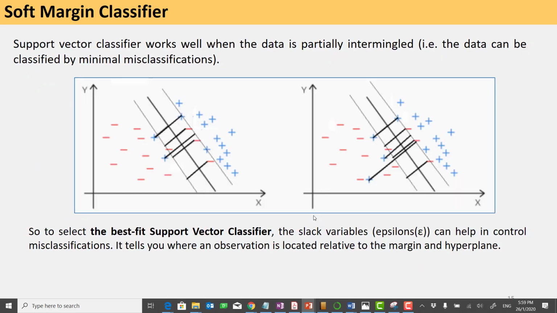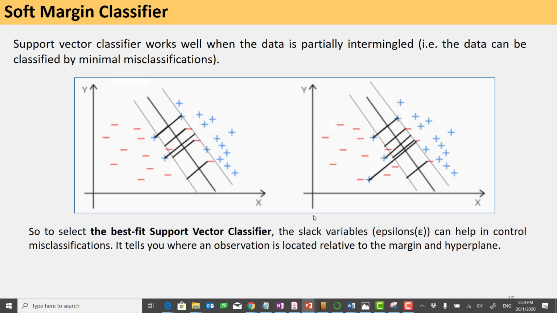We will come back to that, but let us try to understand a bit more deeply the soft margin classifier. As you can see in the picture here, there are two depictions. On the left side you see the negative and the positive. The negative actually crossed the hyperplane to the other side, but it has not crossed the other boundary line. It's still within the boundary line itself, whereas the positive points actually cross the boundary line here.